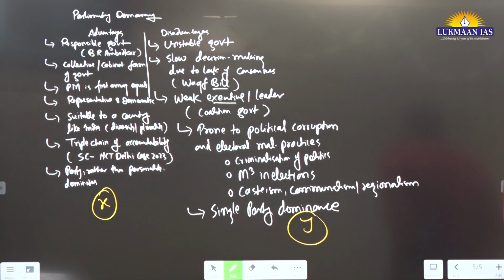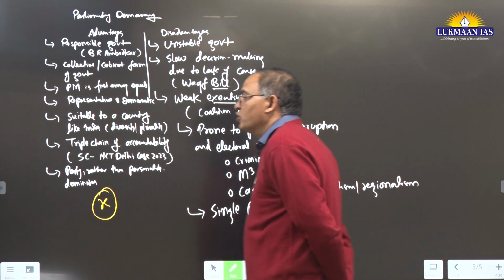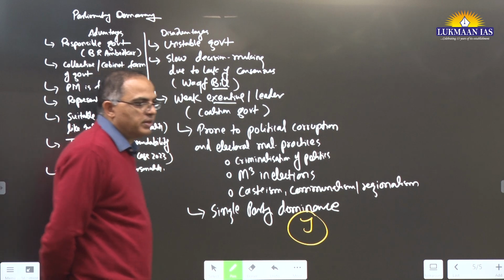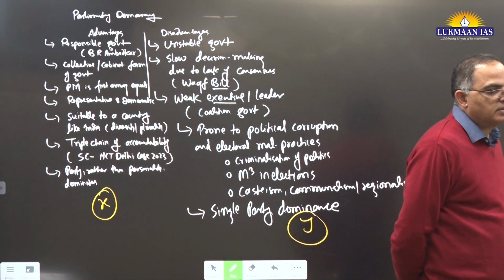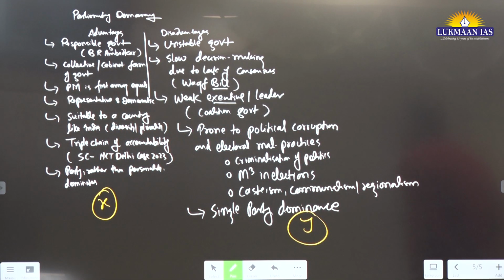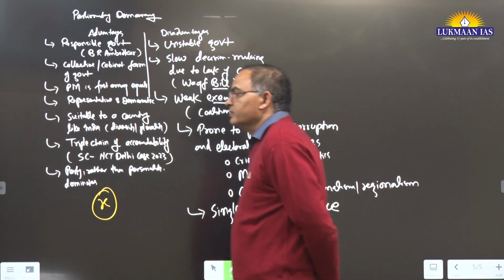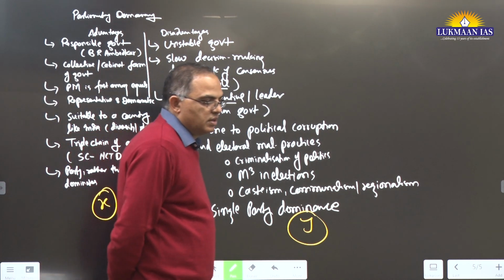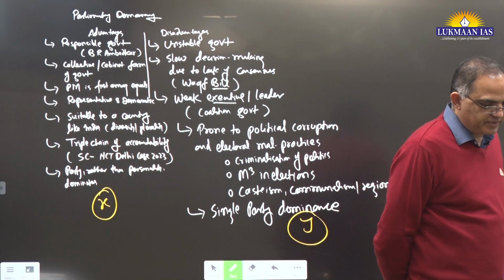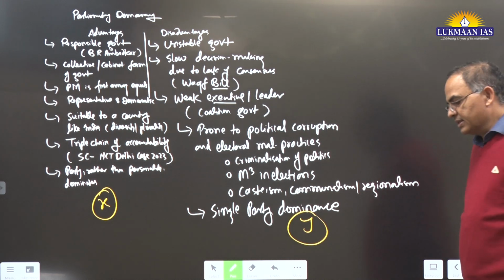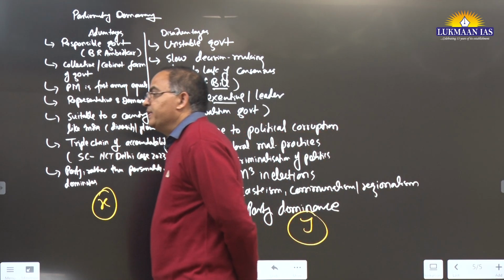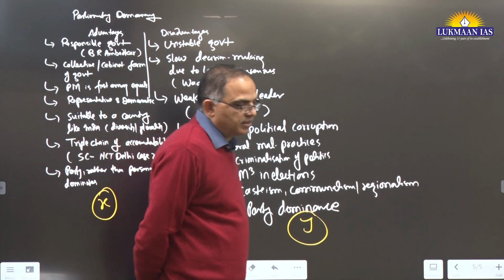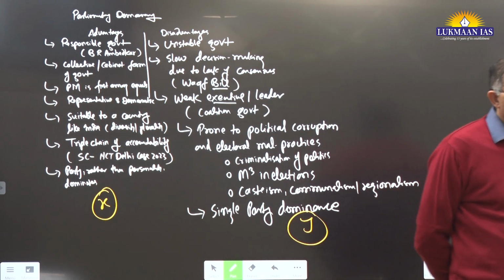First, the idea of responsible government. It was the most important factor. Second, experience of parliamentary democracy during British rule.